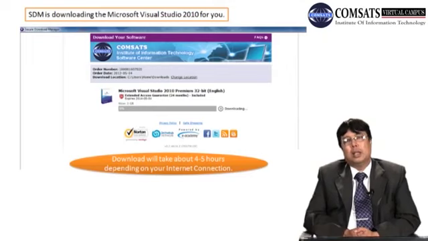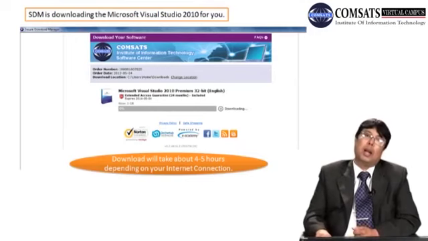I have done that at my home and it has taken 4 hours 37 minutes, okay, with my DSL connection. So don't worry, you can repeat this process a couple of times until this download process is completed.